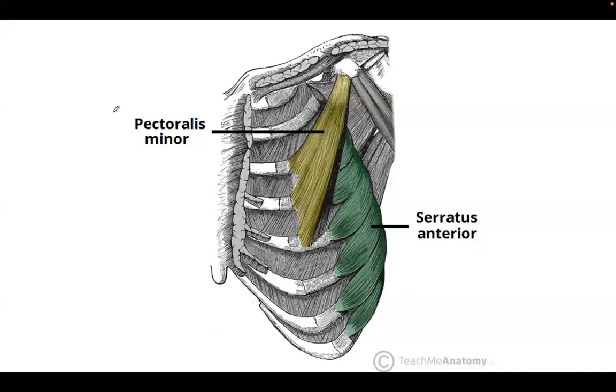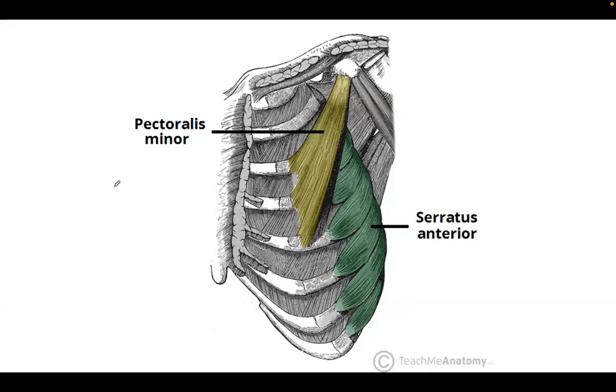Now, question. What is the nerve supply of the muscle that is highlighted in yellow? So that's the pectoralis minor. What is the nerve supply of the pectoralis minor?